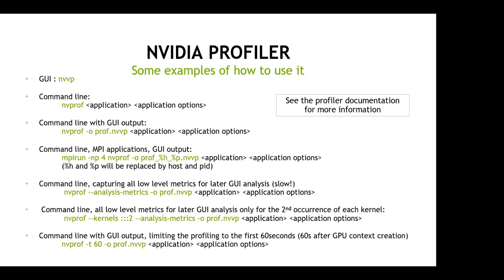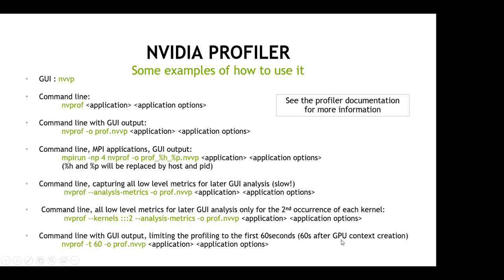So this is limiting the total runtime, it is much faster, and gives you a very good overview. And if you want to limit the time to profile, you simply limit it here to the first 60 seconds in this example.